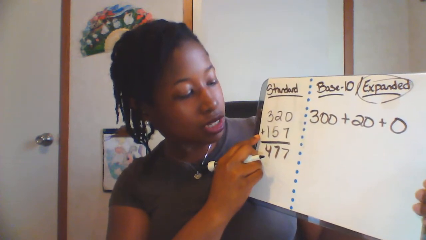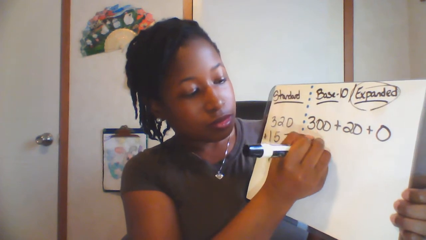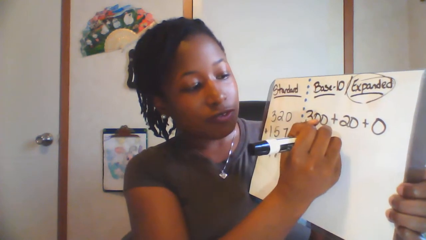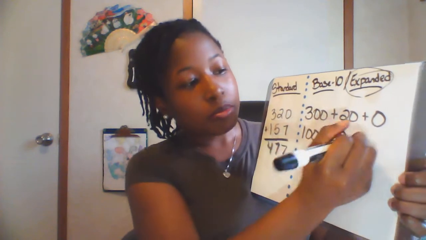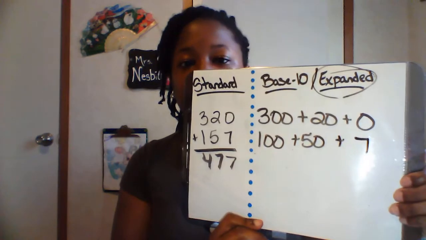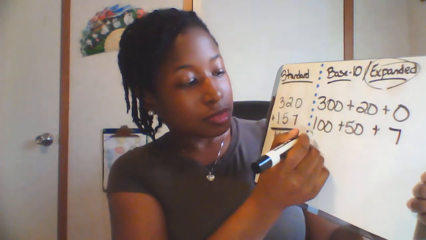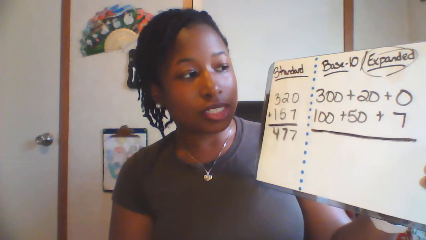And then down here we have 100 plus 50, or 5 tens, plus 7 ones. And then we can just add them up.